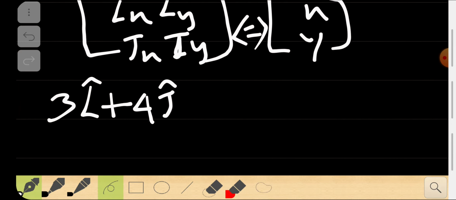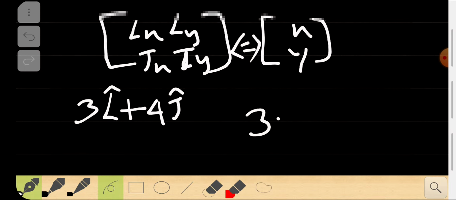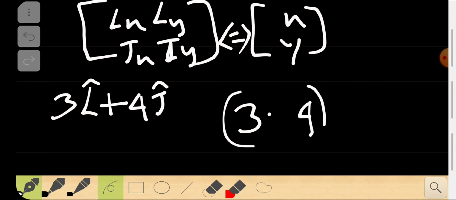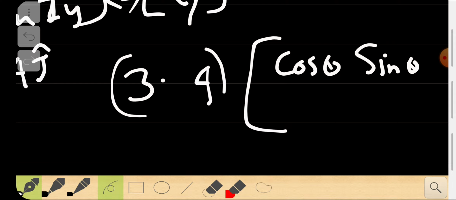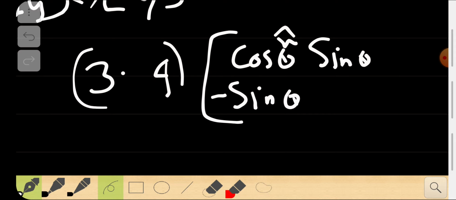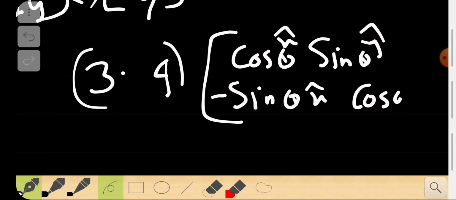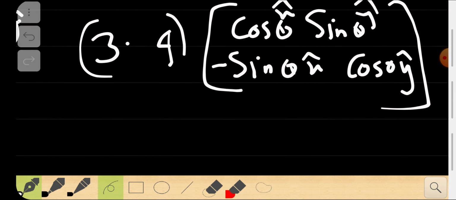If you need to transform that into x and y, all you have to do is multiply the components 3 and 4 with this matrix, which is cos theta, sin theta, and then minus sin theta, and cos theta, with x cap and y cap. Sorry about that. So all you have to do is multiply with that.